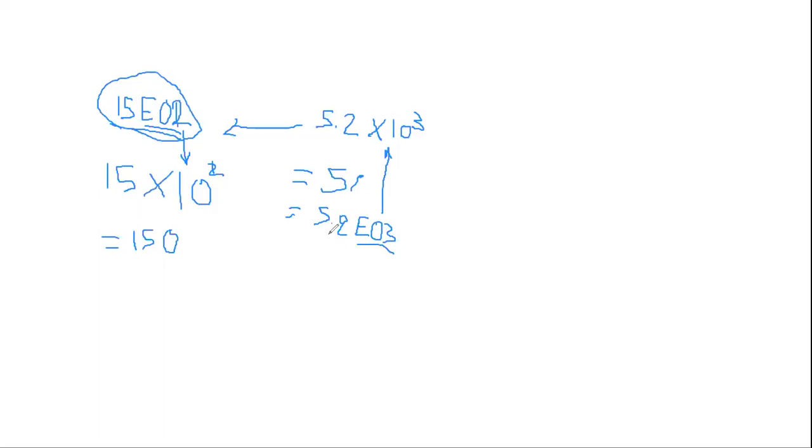In this, what is there? 5.2 and E03. So 5.2 is what?